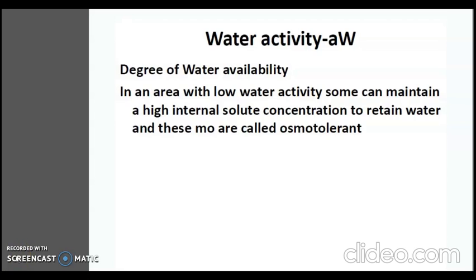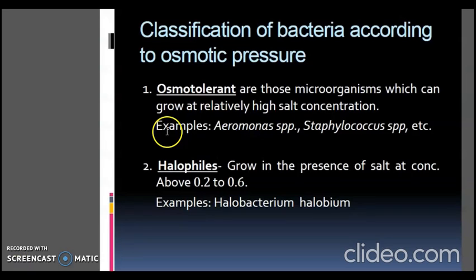In an area with low water activity, some organisms can maintain a high internal solute concentration to retain water, and such organisms are also termed osmotolerant. Examples of osmotolerant include Aeromonas and Staphylococcus species, and an example of a halophile is Halobacterium halobium, salinarium.